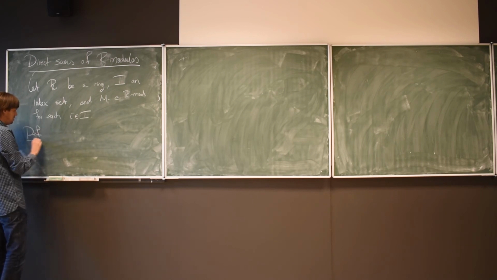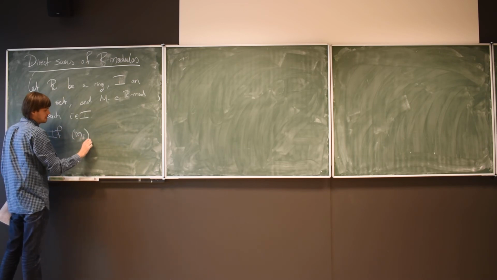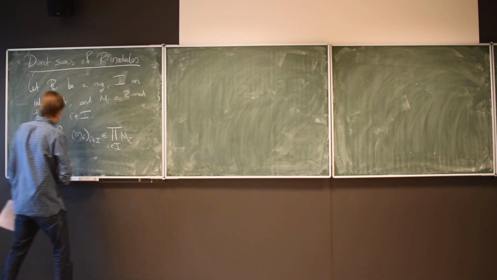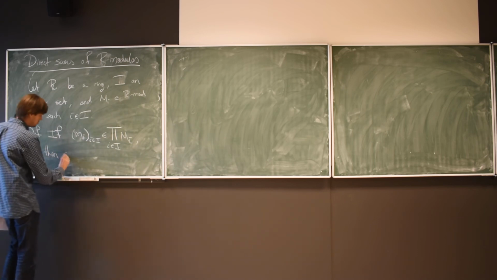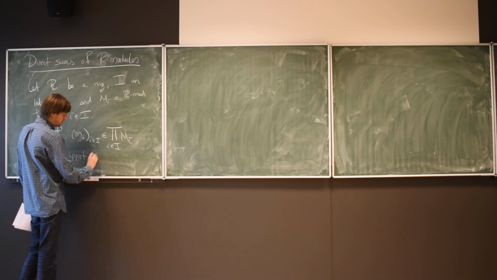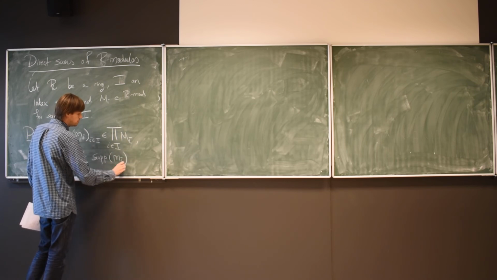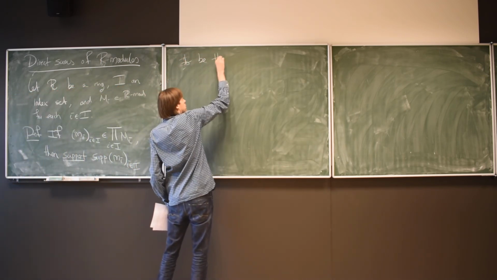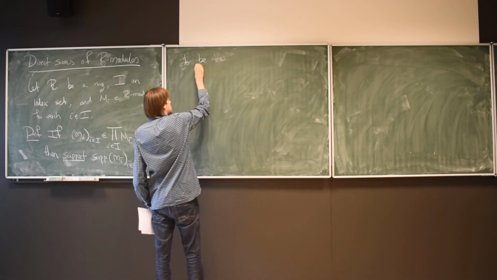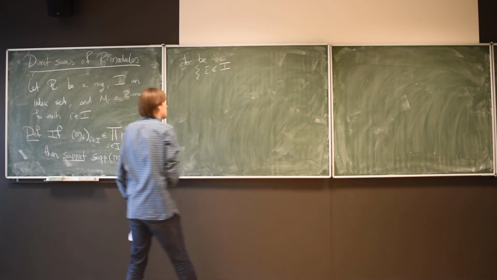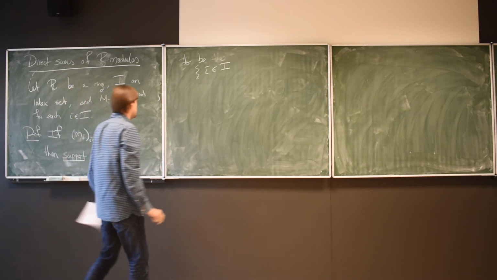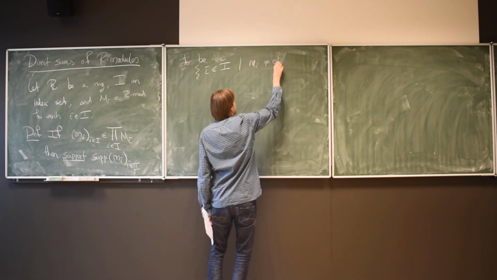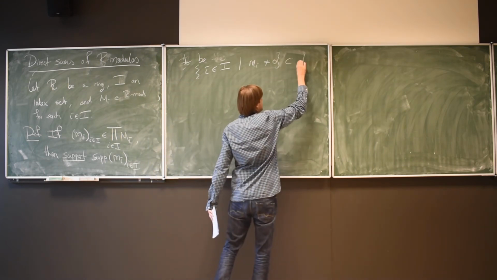Maybe it's a definition: if (mi), i in I, is in this product, then I call the support of the tuple to be the following subset. I just take the set of all indices i in I where this tuple does not vanish, so where mi is not 0. So it's a subset of I.